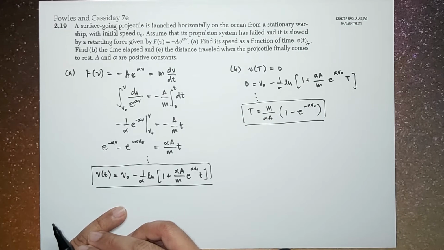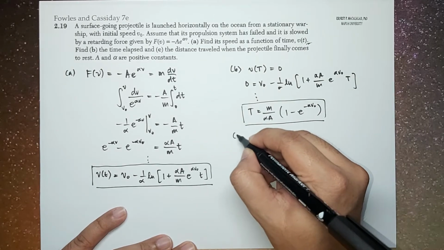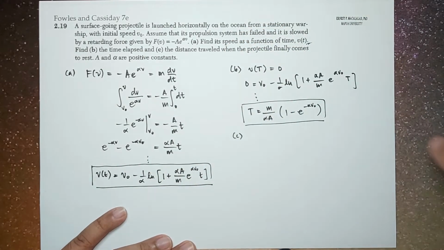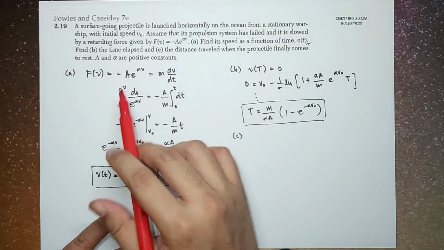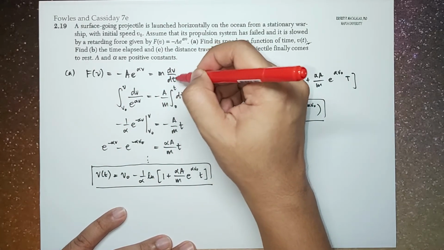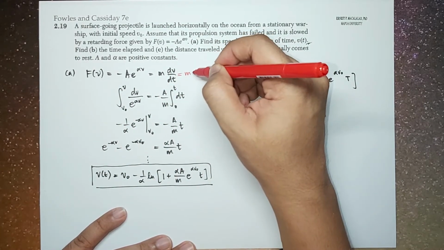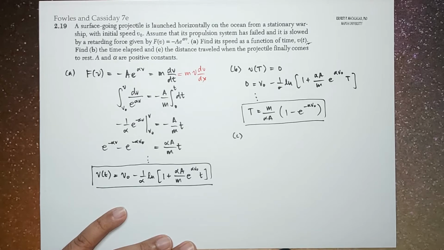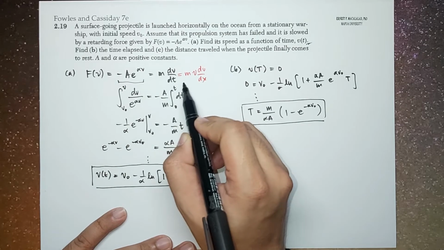Okay, and then lastly, letter C, the distance traveled, we will just solve for the position function x. So we all know that this term will just be equal to v dv/dx by chain rule. Now we're going to solve this together with this.